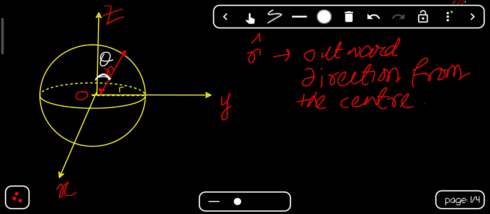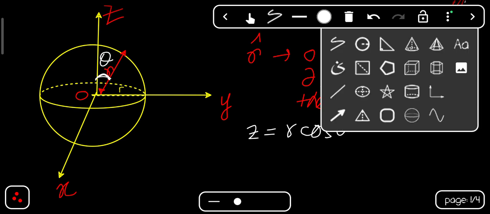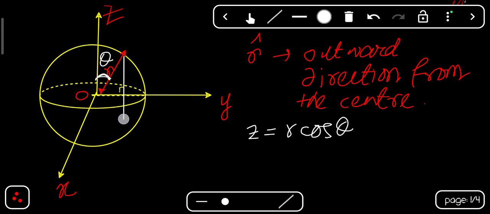So we can write z equals r cos theta, and there will be another component, r sin theta, that will project in the xy plane. If we take the projection, this value can be written as r sin theta.